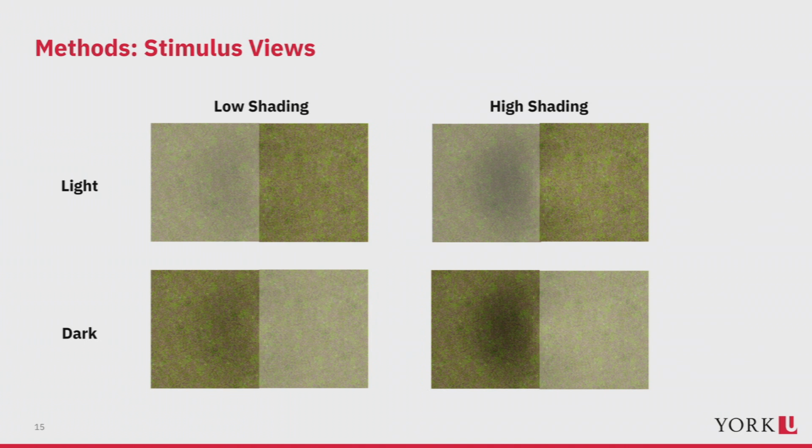If the dark region is degrading stereo, we predict the strongest bias in the high shading dark condition. This is because the binocular information that's present is being partially obscured by that dark shading, and the other half of the surface just has monocular information. Similarly, we would expect some level of bias for those light conditions, but not nearly as much as the dark conditions.